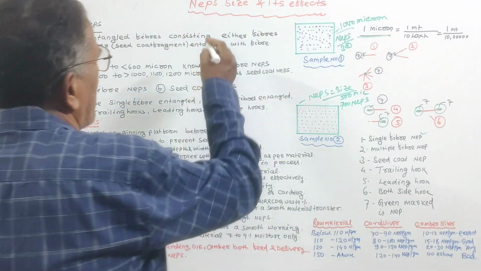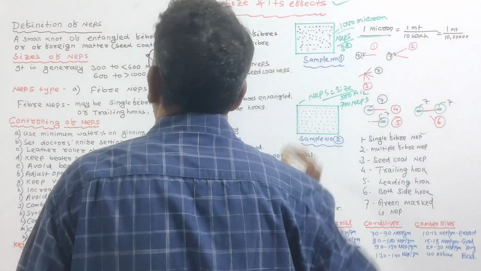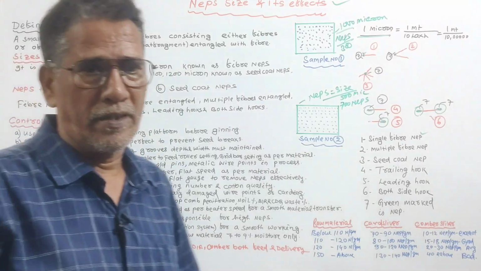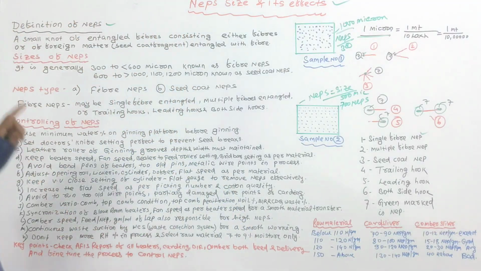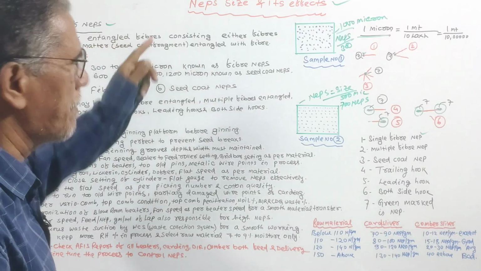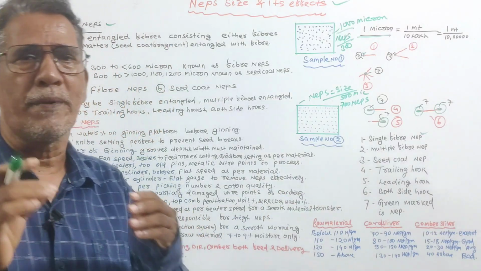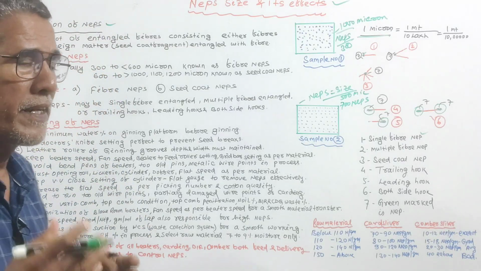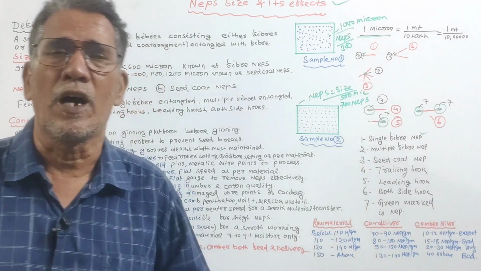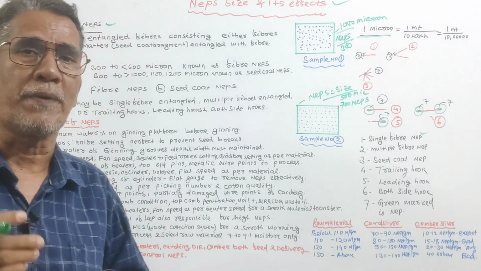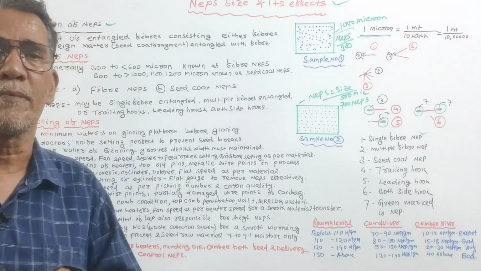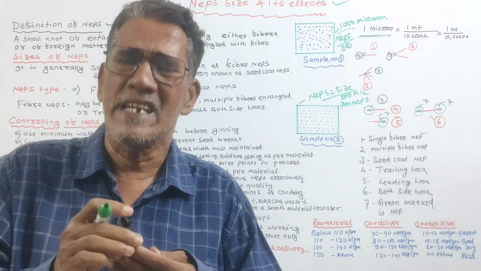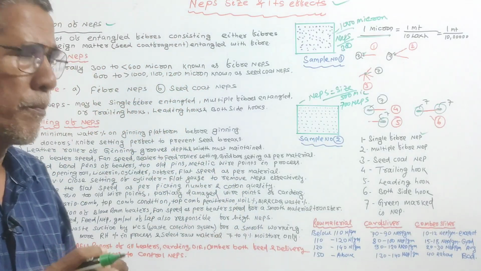Today's topic is nep size and its effect, and the definition of neps. What is a nep? The definition of a nep is a small knot of entangled fibers. One knot of entangled fiber may be a single fiber or multiple fibers, and it may consist of a seed coat fragment, meaning some seed is broken and some pieces of the broken seed are entangled with multiple fibers.